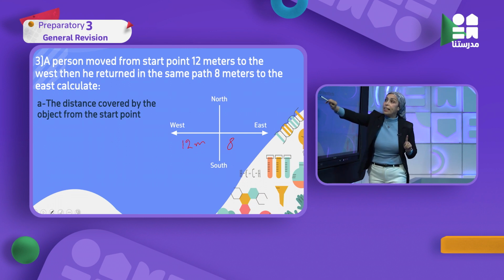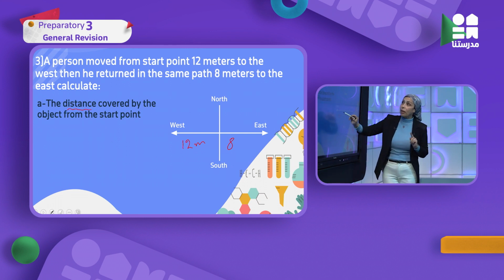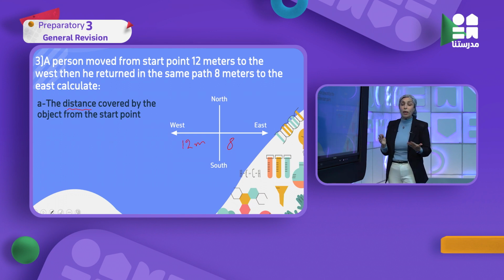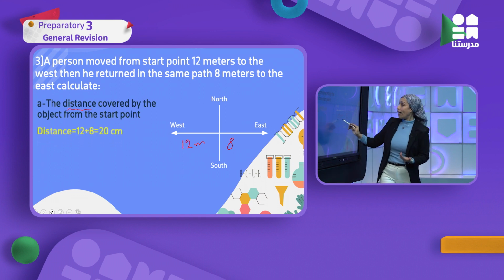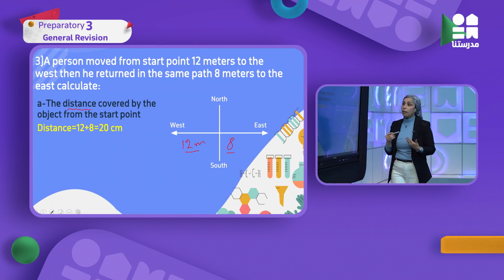Here he wants the distance: from the starting point, the distance he began with up to the west, and then he returned 8 meters to the east. I said before, the distance is a calculation of the amount of distance he walked, whether in the west or the east. So here the answer is 12 plus 8, which is 20 meters, the distance he walked in both cases.